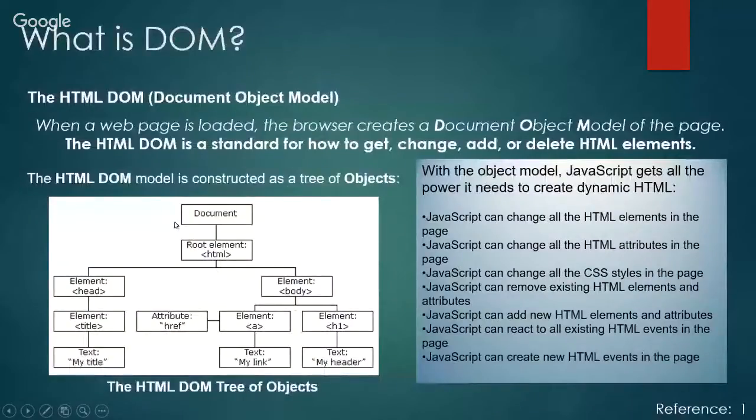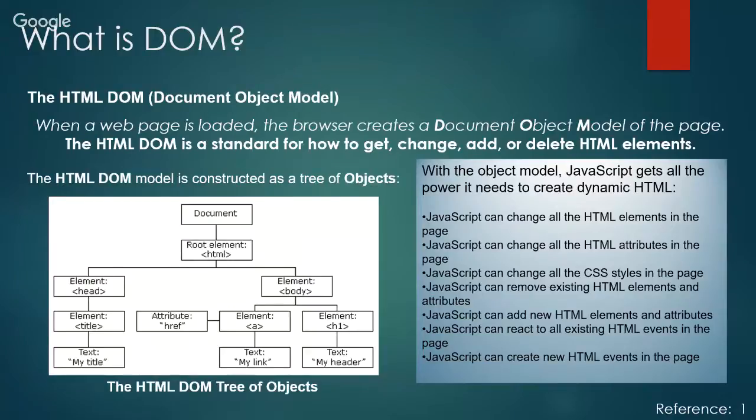So if you're like me, you're probably wondering, what is DOM? It's a term I'd never heard before. DOM is basically the document object model. That's the way JavaScript is going to arrange your website into a tree of objects. So everything becomes an object on the page. When the web page is loaded, the browser creates the DOM of the page.